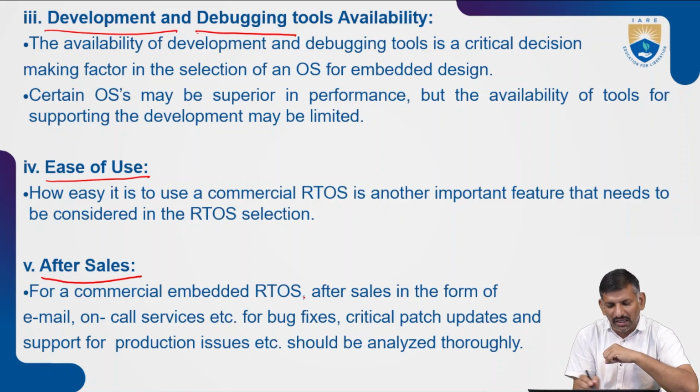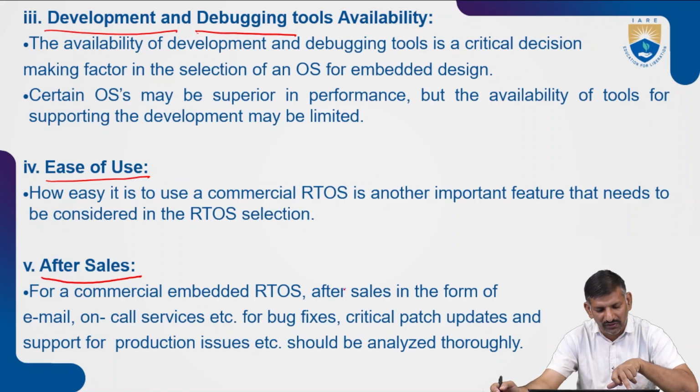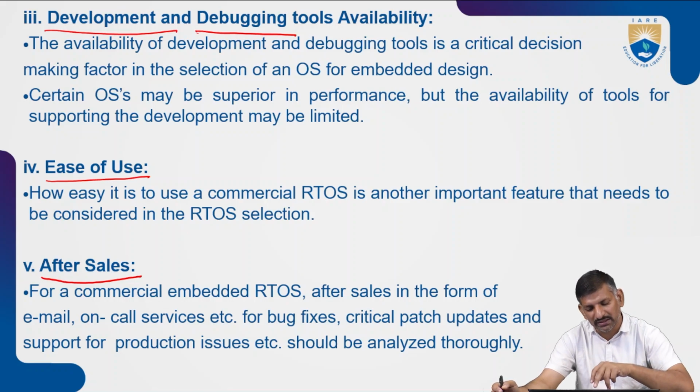For a commercial embedded operating system, after-sales support in the form of email or on-call services, bug fixes, critical patch updates and support for production issues should be analyzed thoroughly.